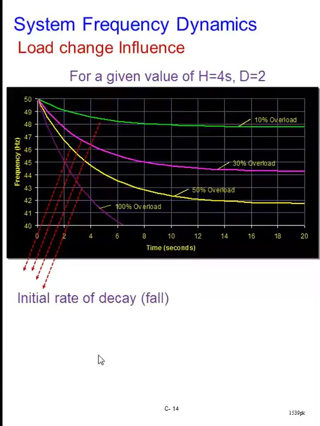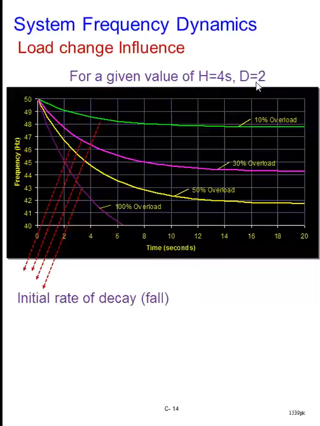Maybe if you have an isolated system, the decay may be sharper. That could be possible. But these plots depend upon what H is and what D is as well. These plots are for a given H and a given D.